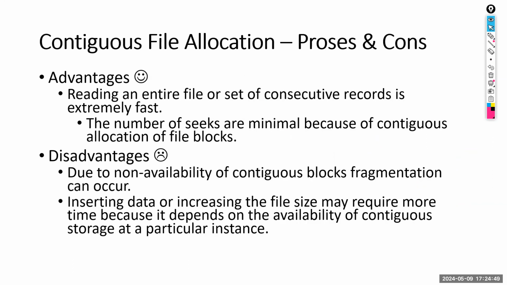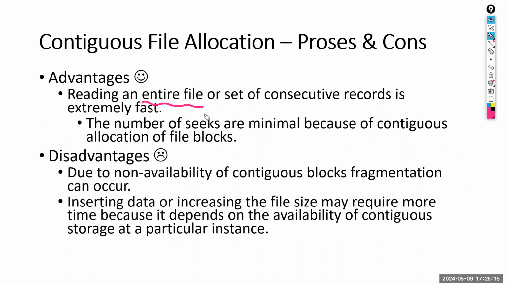So what are the advantages and disadvantages of using contiguous file allocation? When you retrieve data, if you want to retrieve the entire file, it's very efficient because your file is in contiguous blocks. That is when you read the entire file.